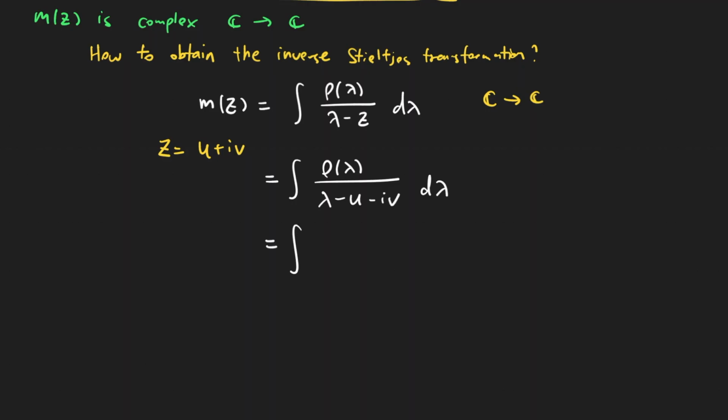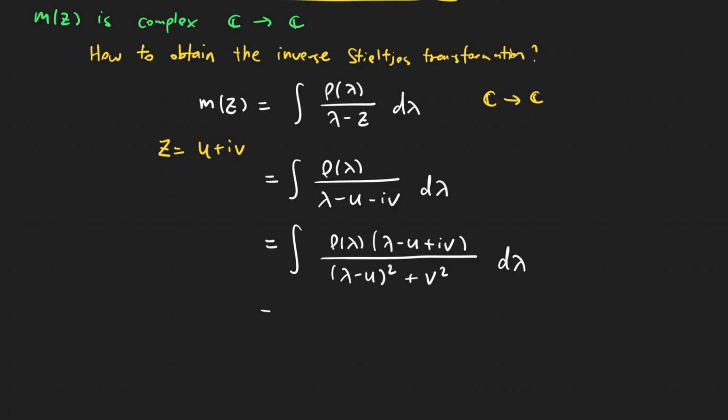We have rho of lambda times lambda minus u plus iv, and for the denominator, we have lambda minus u squared plus v squared, over d lambda.